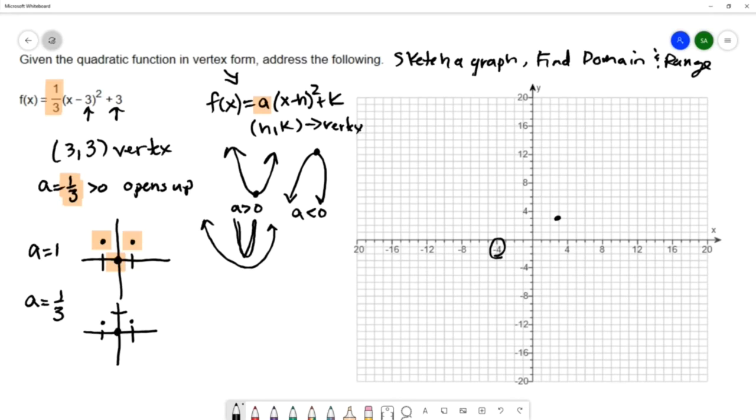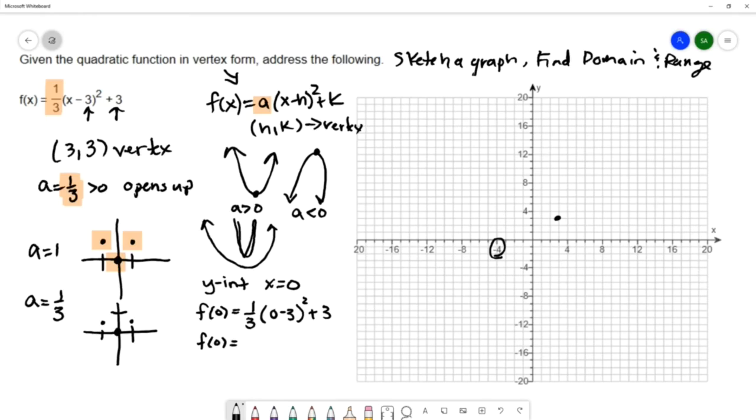So I would suggest looking for maybe an x-intercept or a y-intercept. In this example, a y-intercept works. So if you find the y-intercept, you're going to let x equal 0. And for your function, that's f of 0. And you have 1/3 times (0 minus 3) squared plus 3.